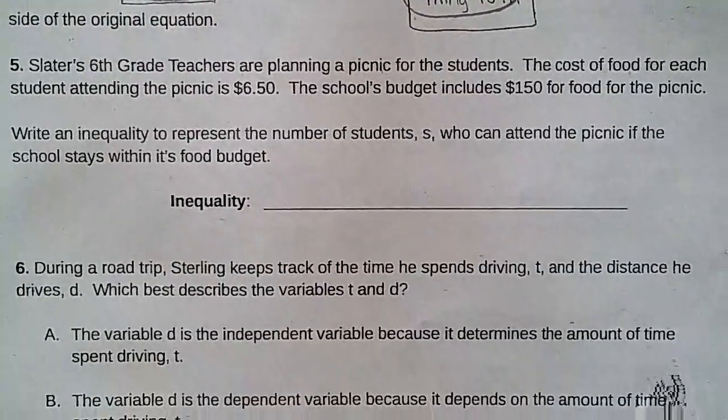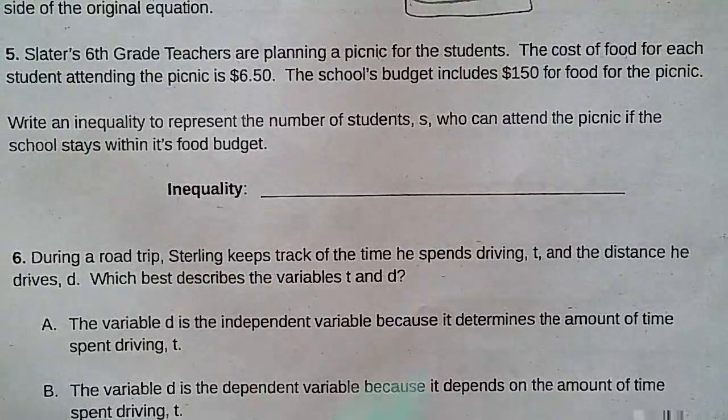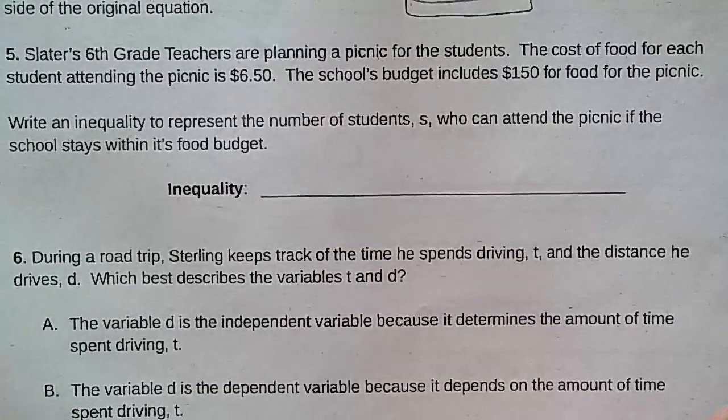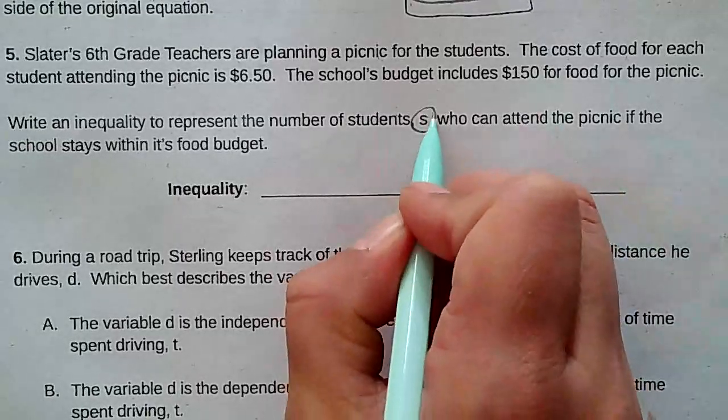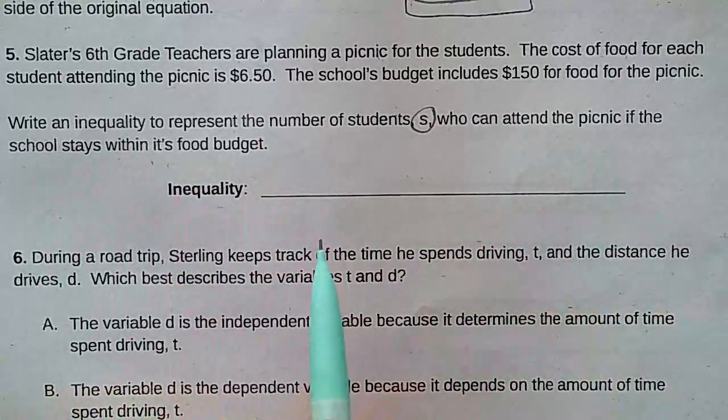Number 5, Slater's 6th grade teachers are planning a picnic for the students. The cost of food for each student attending the picnic is $6.50. The school's budget includes $150 for food for the picnic. Write an inequality to represent the number of students S who can attend the picnic if the school stays within its food budget.